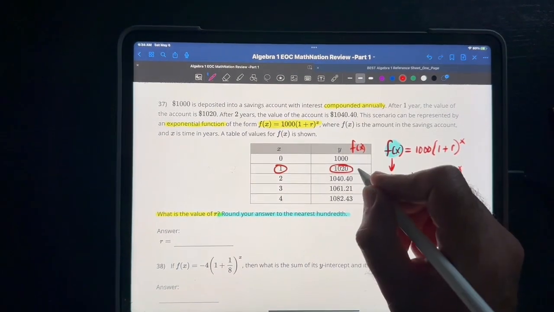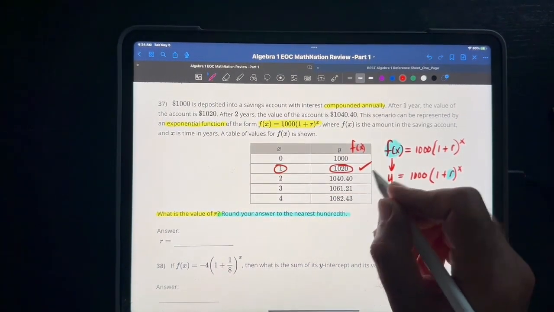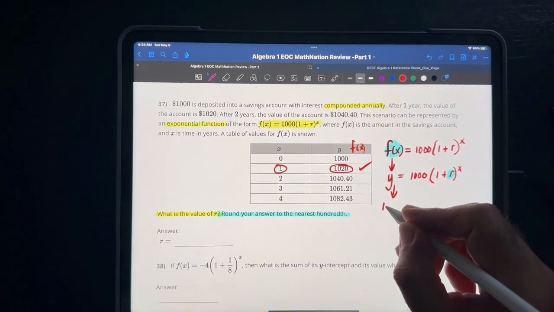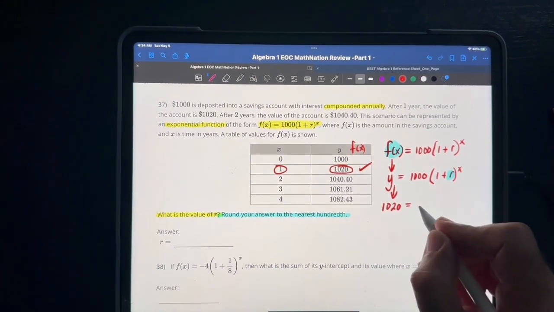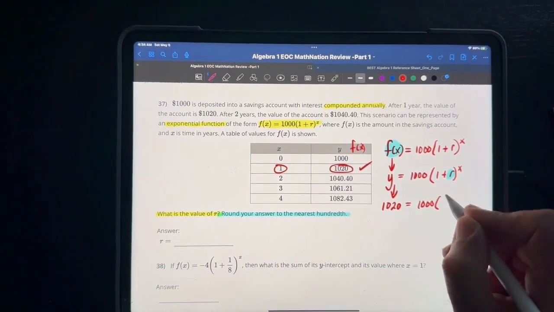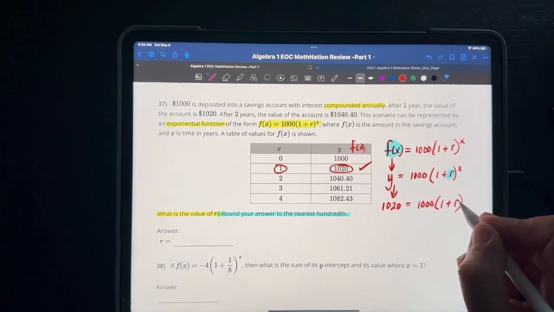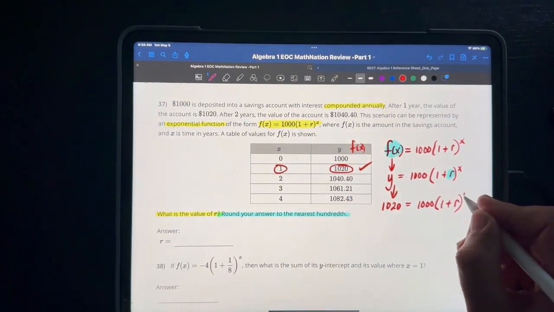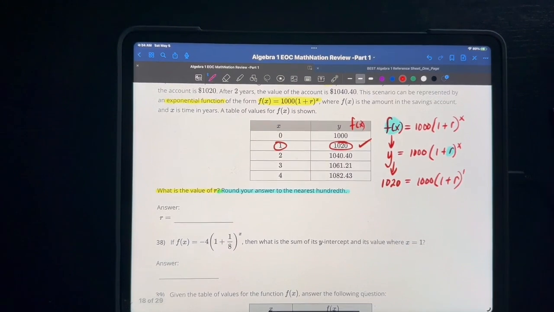I'm going to use this point, and somebody else could have used another point and still get the same R. So y is 1020, I'm using this point right here, equals 1000, then I put the 1, then I put the R because I don't know that, and then I put the x, which I do know, which is 1. And then I just solve that for R.